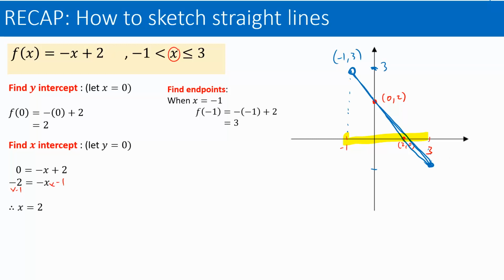Whereas at x equals 3, which is the endpoint, when x equals 3, I need to know the coordinates there too. So how do you find that out? Same thing. Sub 3 in. If you sub 3 in, what do you get? -1. So you sub 3 in. -3 plus 2, -1. So now you know that when x is 3, y is -1.